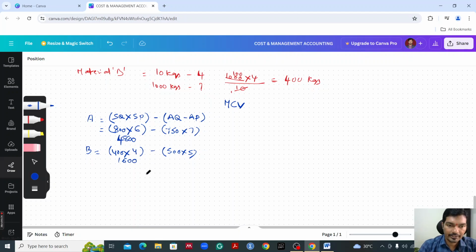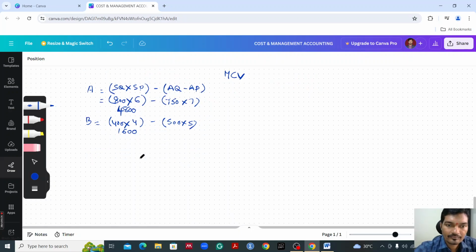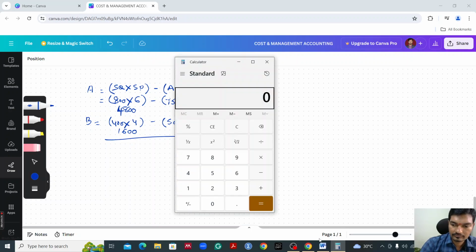This we need to combine like this. Same. 750 into 7, 5250.